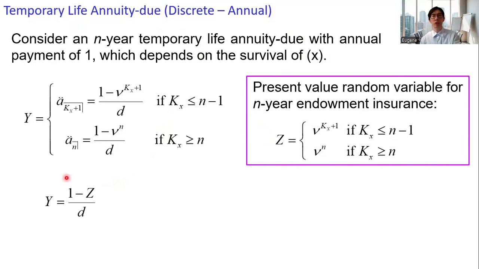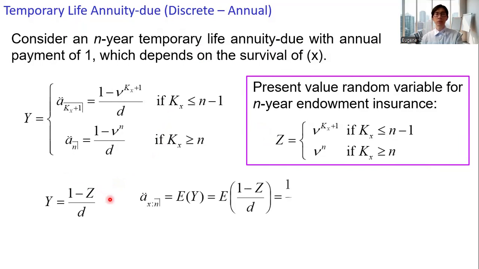We still have the relationship here, Y equals 1 minus Z over d. Taking the expected value, the expected value of Z is the actuarial present value of the n-year endowment insurance, the big A, x colon angle n.